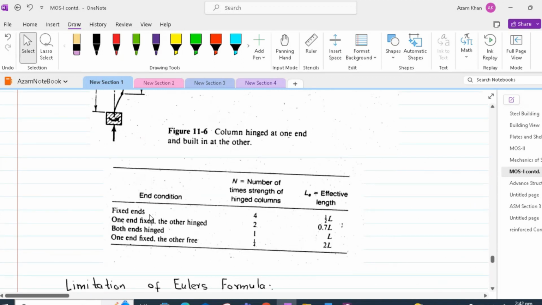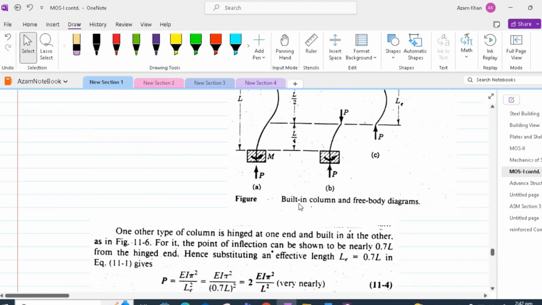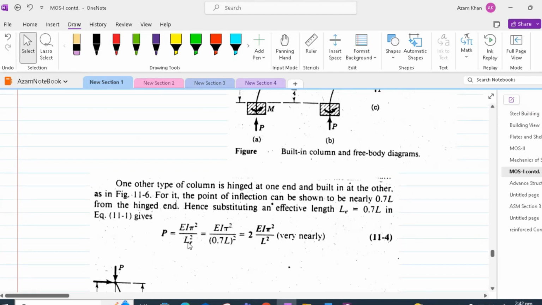In a similar manner, we can derive the critical load equation by changing the length. Therefore, we call this length the effective length.